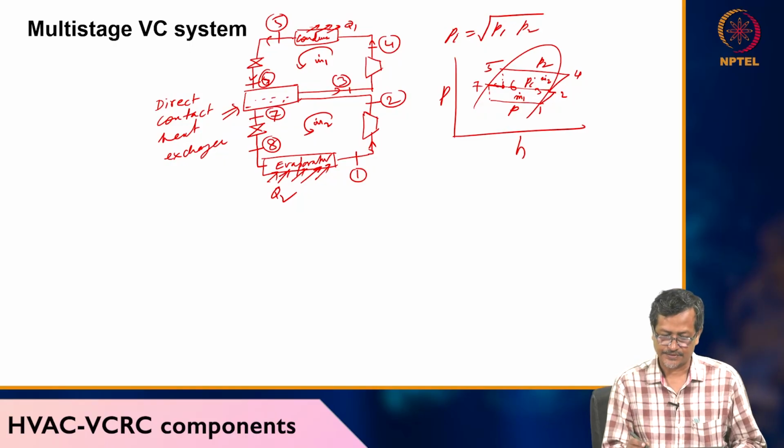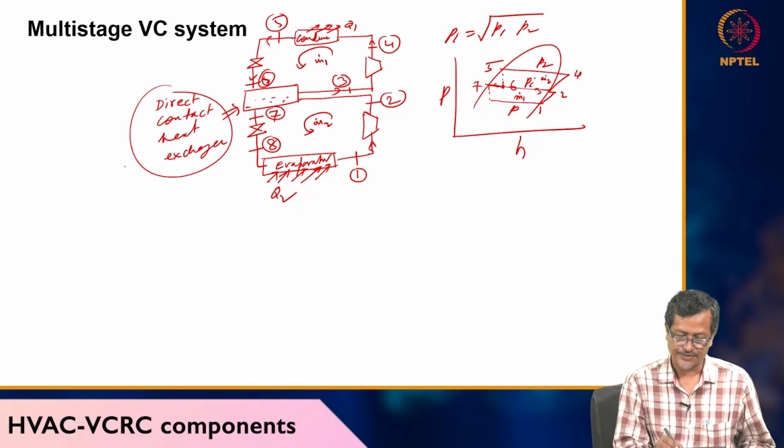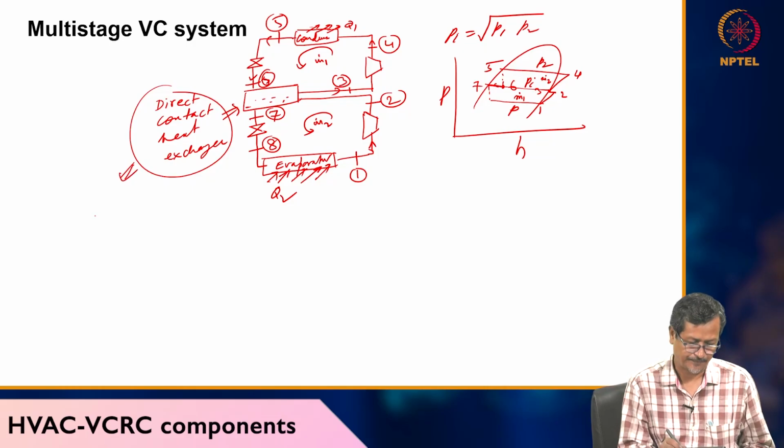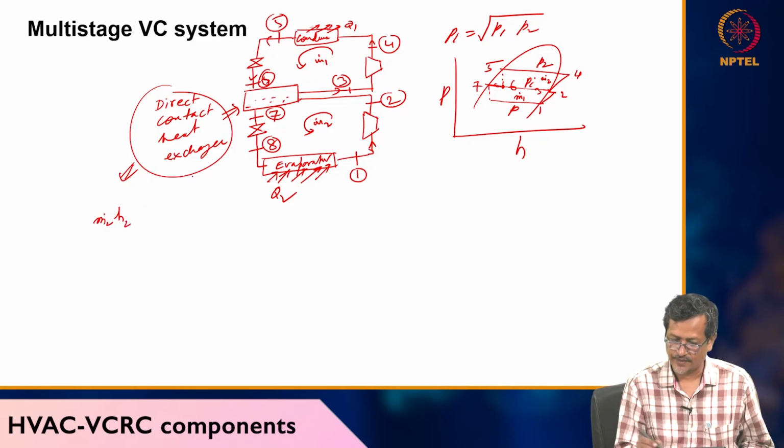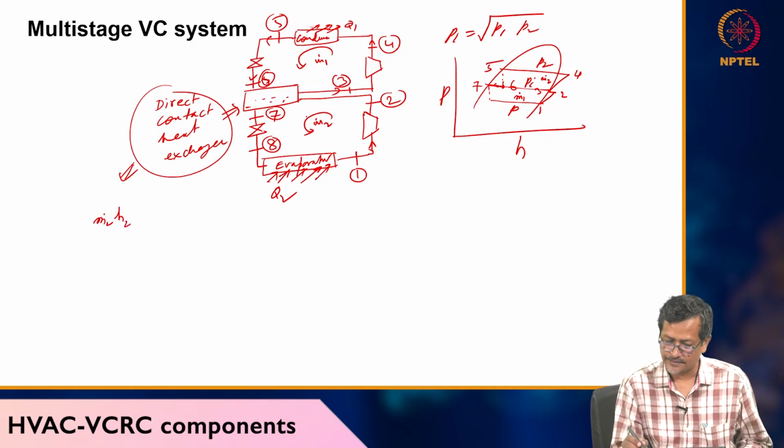Now if you see the direct contact heat exchanger, I will do the heat balance there. M2 dot H2, where is 2?